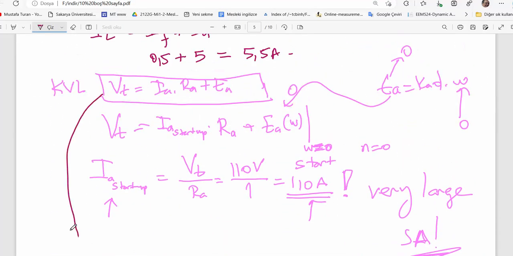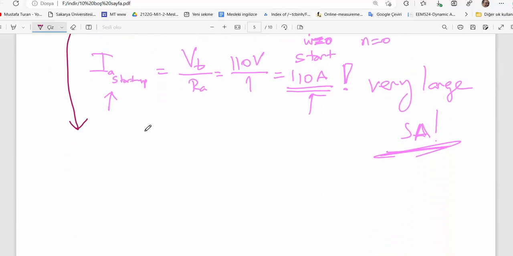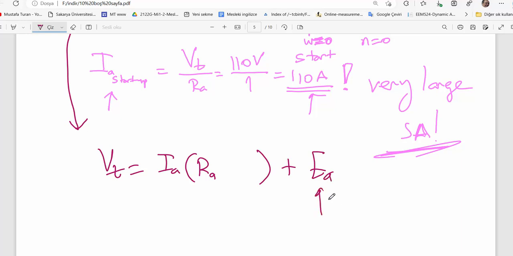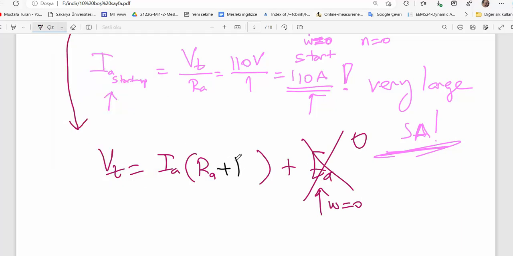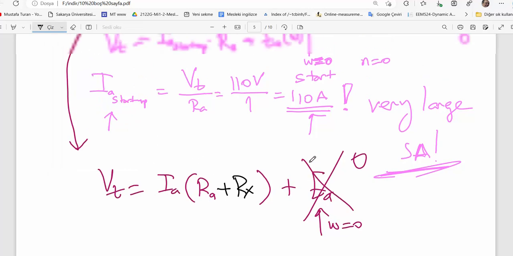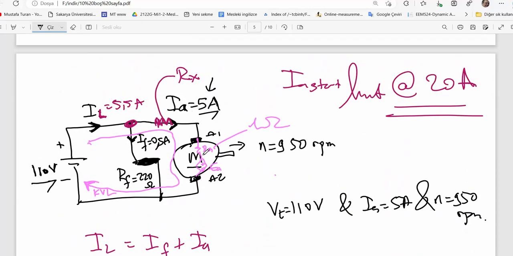Here is the equation. Vt is equal to current times Ra plus armature EMF. When speed is 0, this is 0. You have already added some external resistance here, so Ra plus Rx.